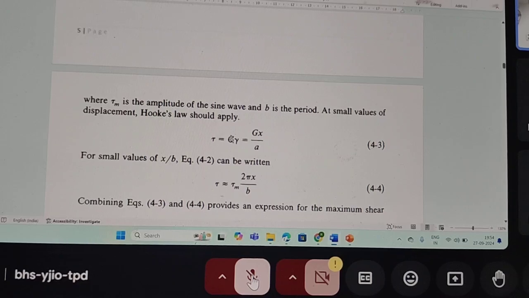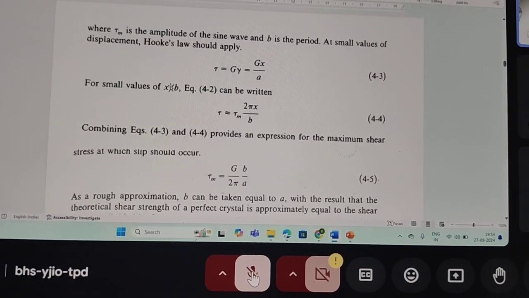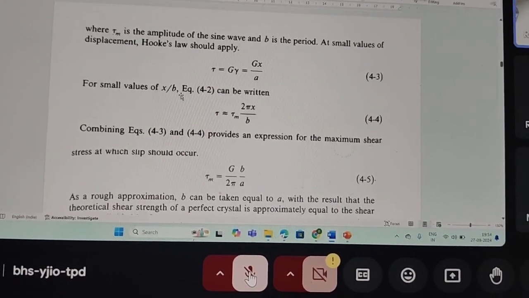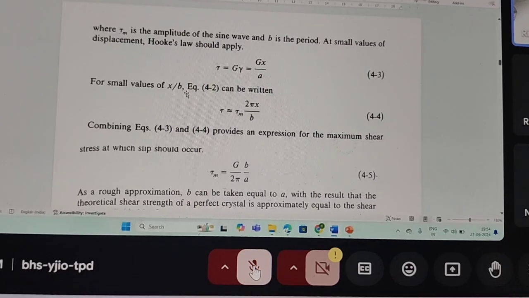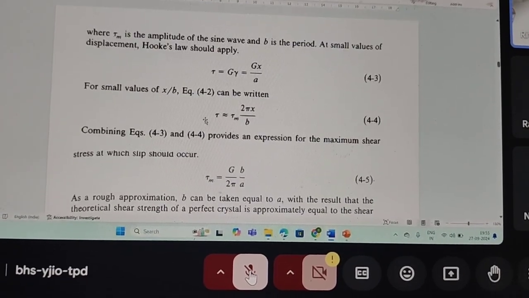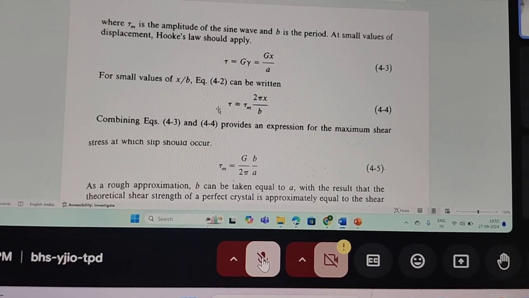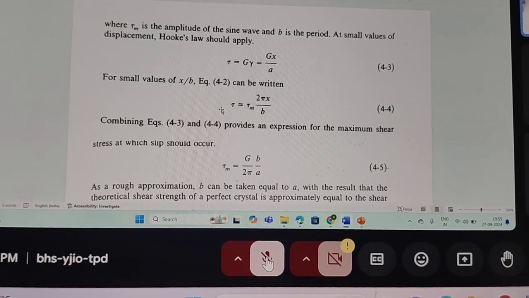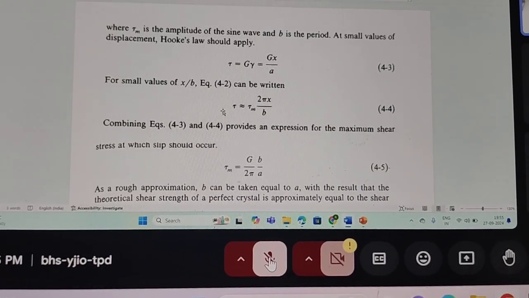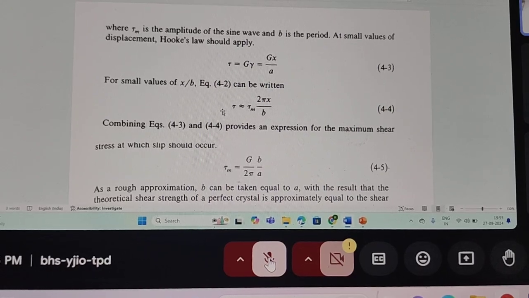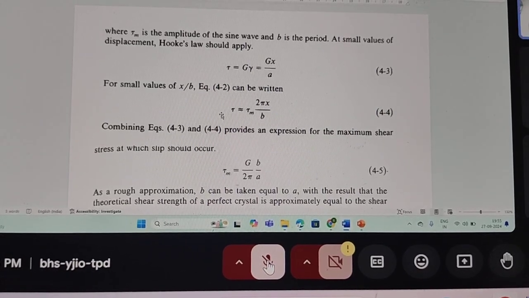Now for small values of x by B, this can be written, because sine 2 theta, when theta value is very small, from simple trigonometry, sine 2 theta is simply 2 theta. Do you remember that mathematics?